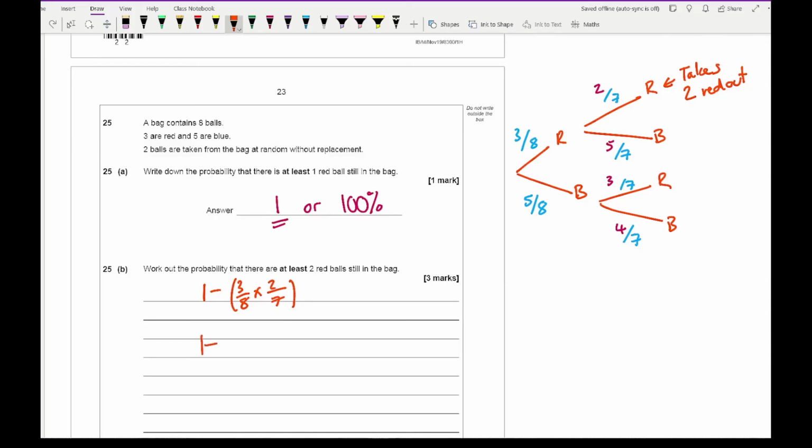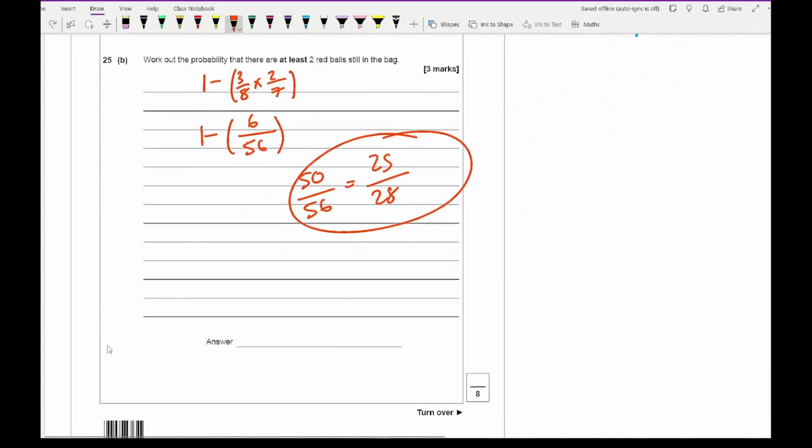So it's 1 take away 3 times 2, which is 6, over 8 times 7, which is 56, and then taking away those two numbers, we're going to end up with 50 over 56, which you can simplify to give you 25 over 28.